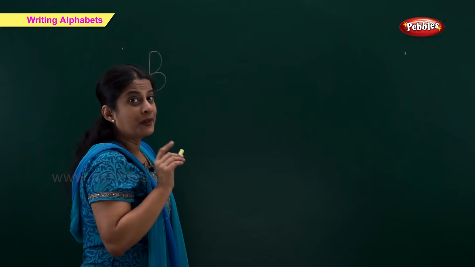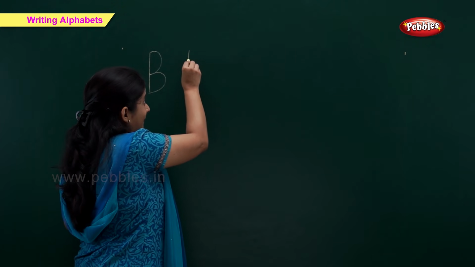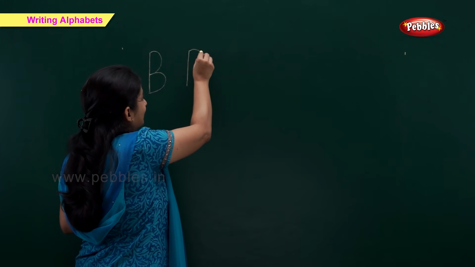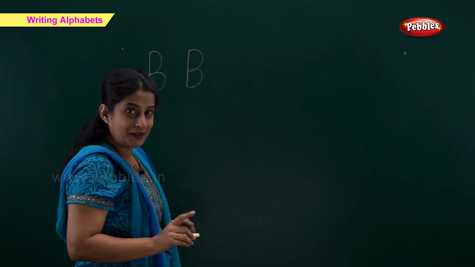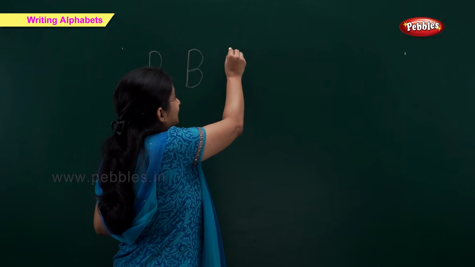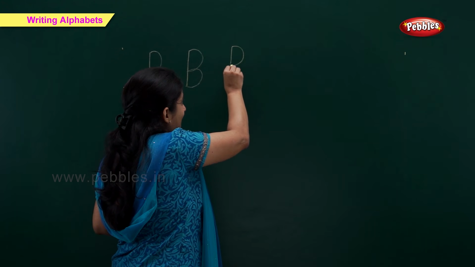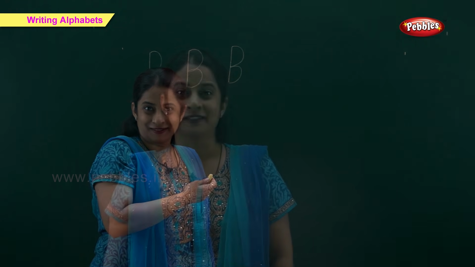Another curve makes B. Standing line. Curve. Another curve makes alphabet B. B.